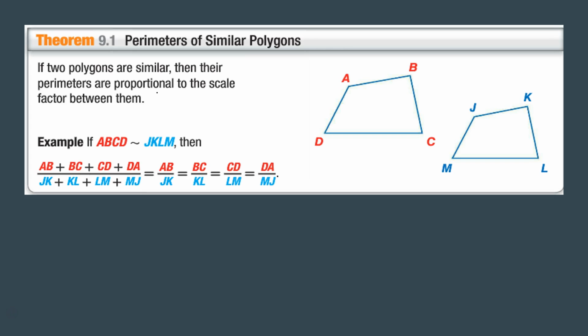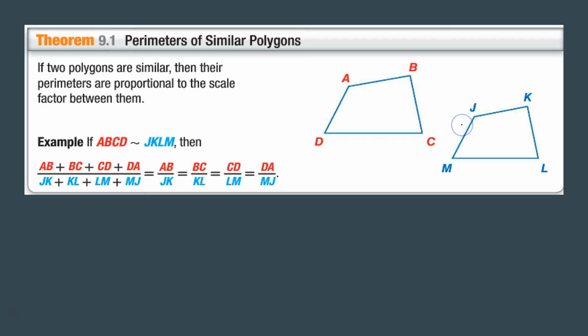Then we have our theorem, perimeters of similar polygons. If two polygons are similar, then their perimeters are proportional to the scale factor between them. So our example is saying if ABCD is similar to JKLM, then we can also say that AB plus BC plus CD plus DA can be divided by JK plus KL plus LM plus MJ.